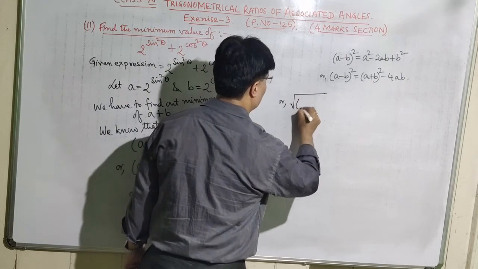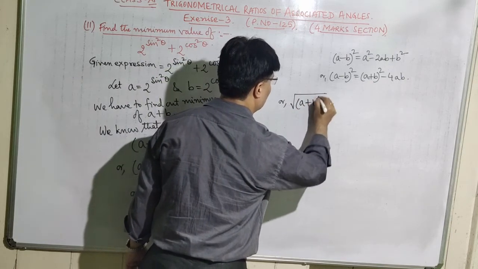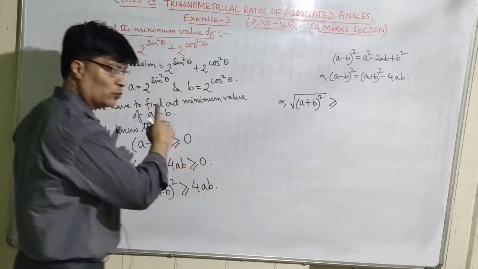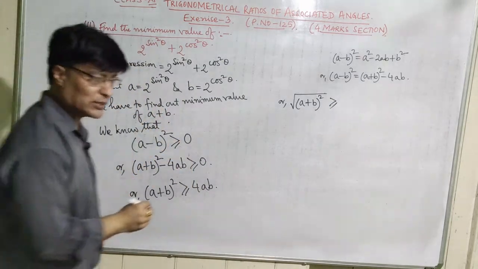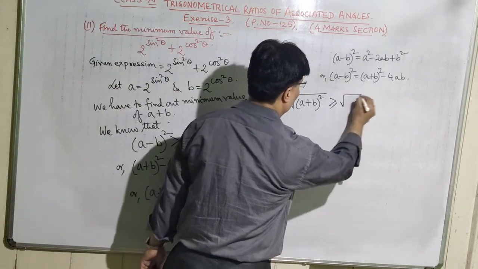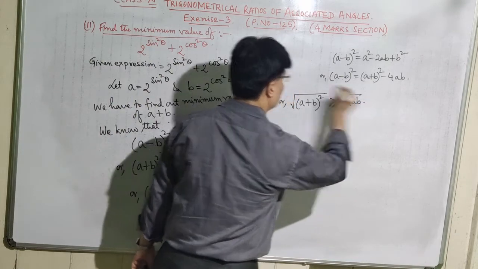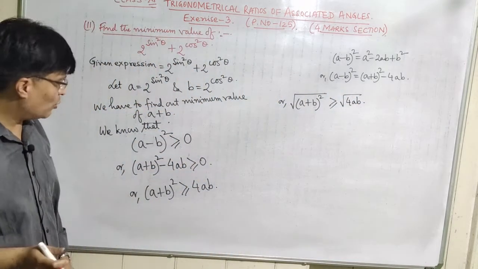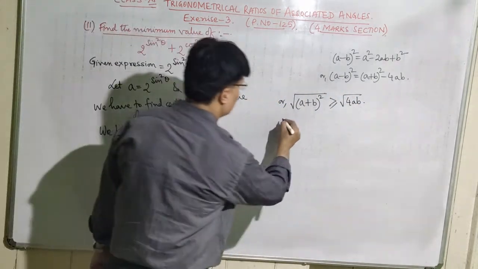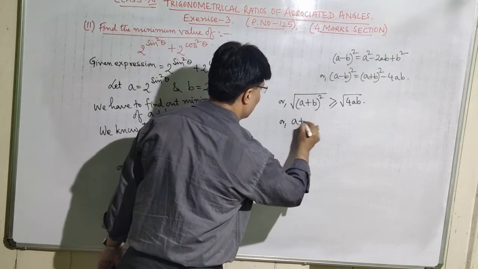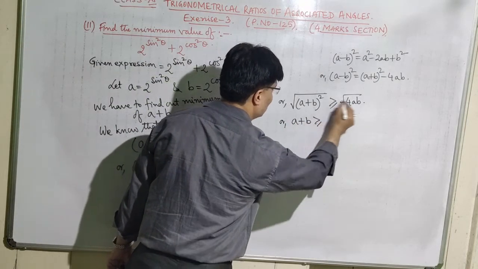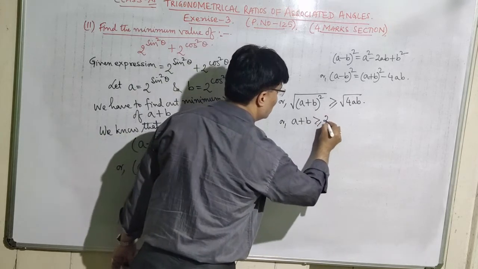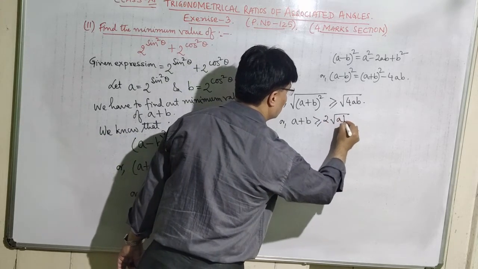So, what is a plus b greater than or equal to? What is the square root of 4? 2, and this is root over ab.